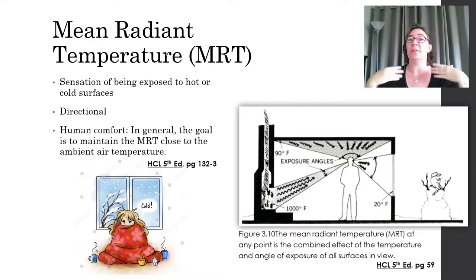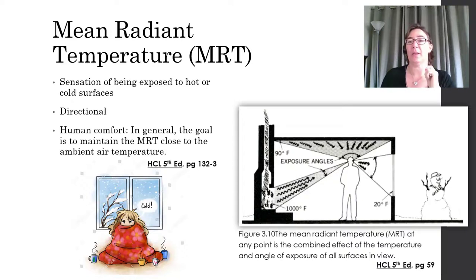Mean radiant temperature is directional, so you'll see some equations. Your textbook has some equations for determining an average mean radiant temperature, that's what mean means, for a specific location in a room. But it turns out that people will also feel that directionality.